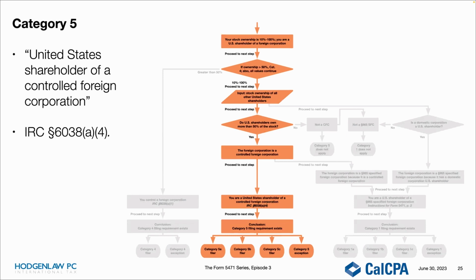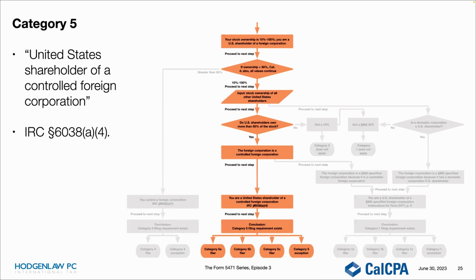If yes to both of those, you are a category 5 filer. So let's see how this works. Start at the top. You are a United States shareholder because previously we calculated how much stock you own directly, indirectly, constructively, and we decided it's a number that is at least 10%.